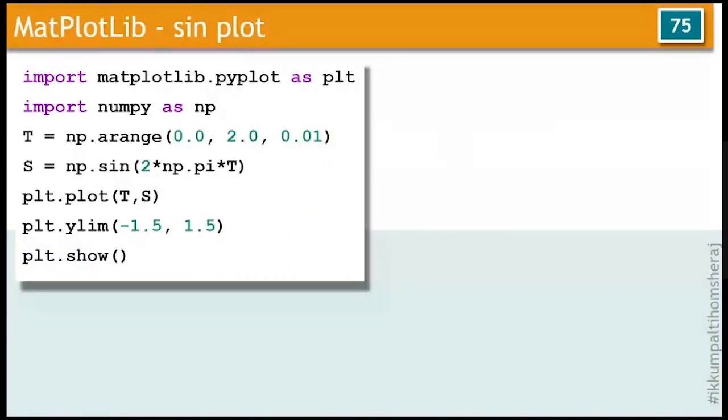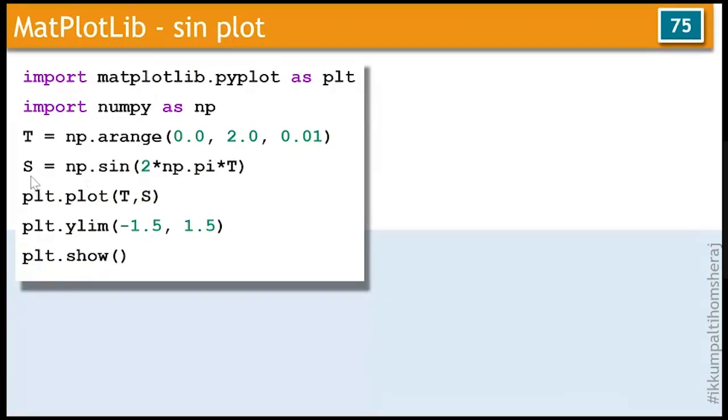Now there are 2 more simple examples. Suppose you want to make a sine curve with the help of Matplotlib. Then you can simply make a NumPy array with range as 0.0 to 2.0 with a step of 0.01 for a smoother curve.